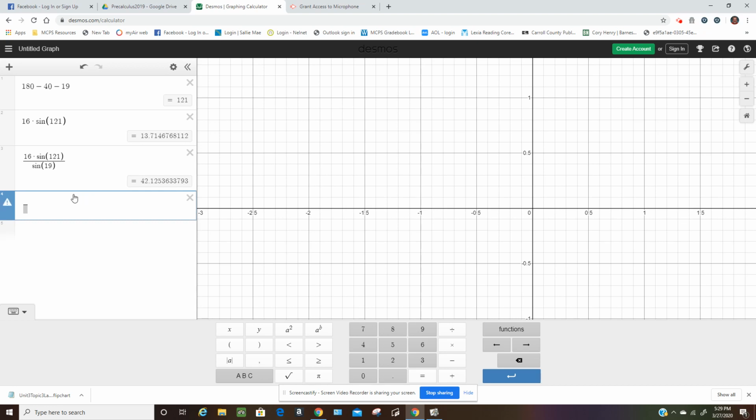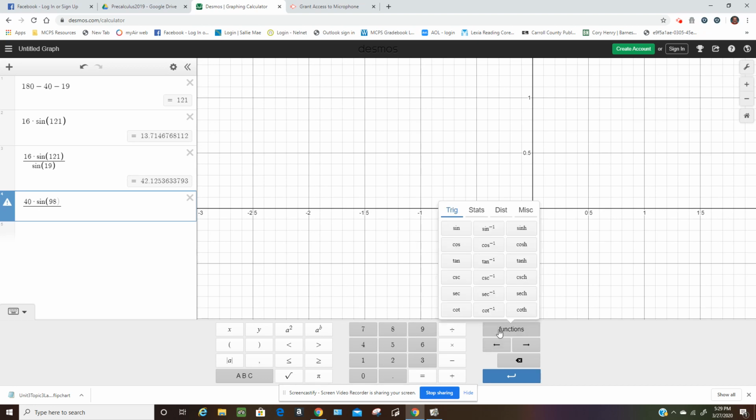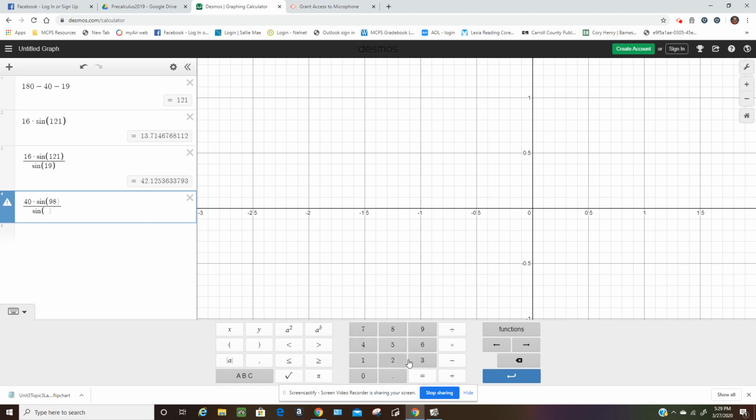I'm going to do 40 times, hit the function key, find sine, 98, and then in the denominator is sine of 62. So hit the function key again, find sine, put 62 in the parentheses, right here is my answer, 44.86.